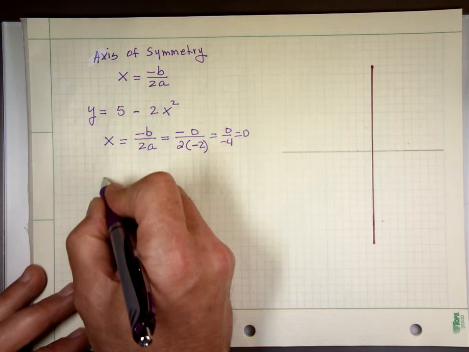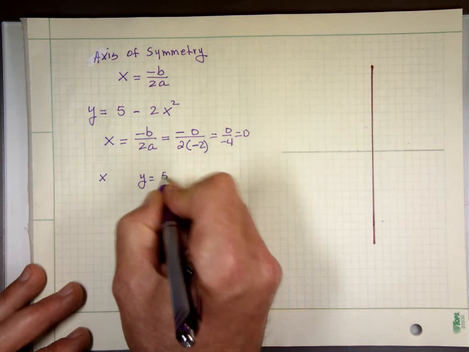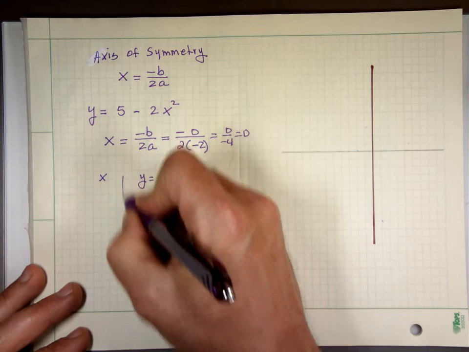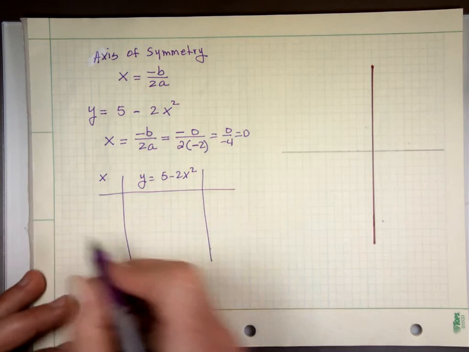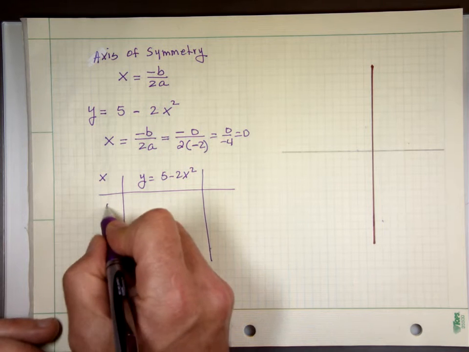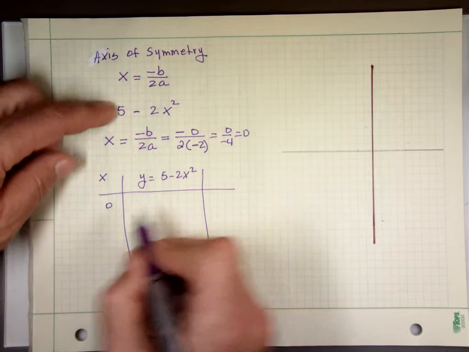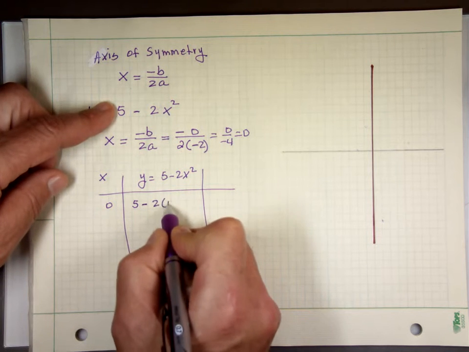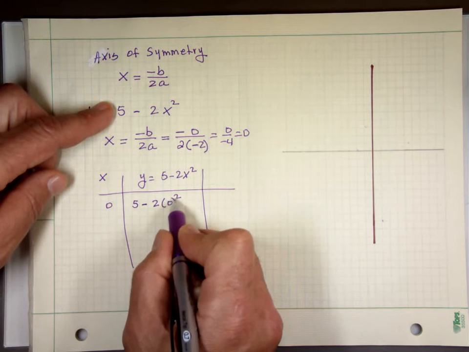Let me pick values for x. I'm going to start with 0. Only going to pick one side. When x is 0, 5 minus 2 times 0 squared. 0 squared is 0, times 2 is 0. 5 minus 0 is 5.